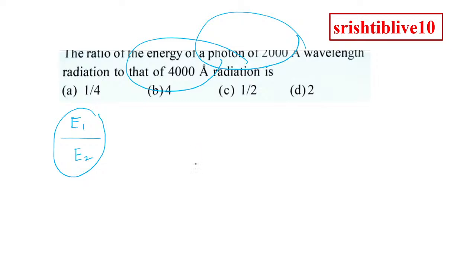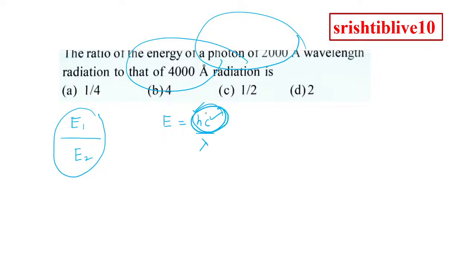We know very clearly that E is equal to hc by lambda. Since h is a constant, 6.6 into 10 to the power minus 34 joule second, and the speed of light is also constant, both of these values are constant.